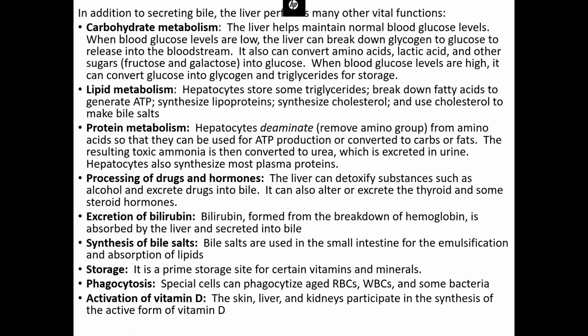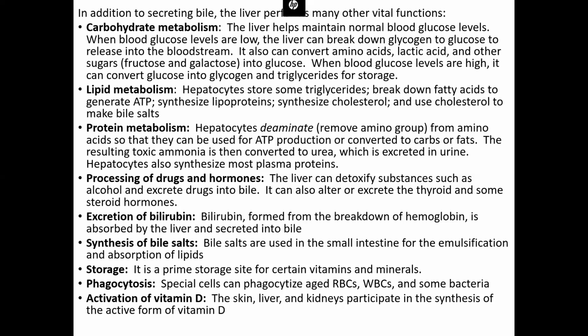That bilirubin I was just talking about, formed from the breakdown of hemoglobin, is absorbed by our liver and secreted in the bile through a series of different steps. That bilirubin and stercobilin contribute to the brown color that our feces typically is. We've talked about the synthesis of bile salts for the emulsification of fats, storage of things like vitamins and minerals, and phagocytosis, which we talked about previously.